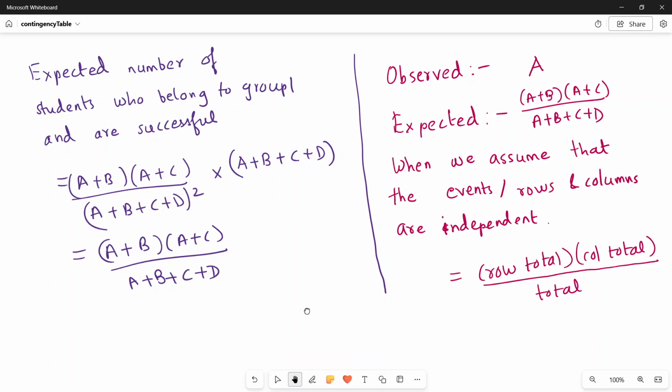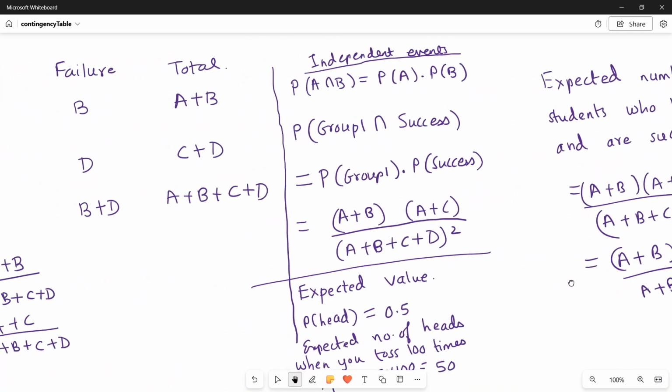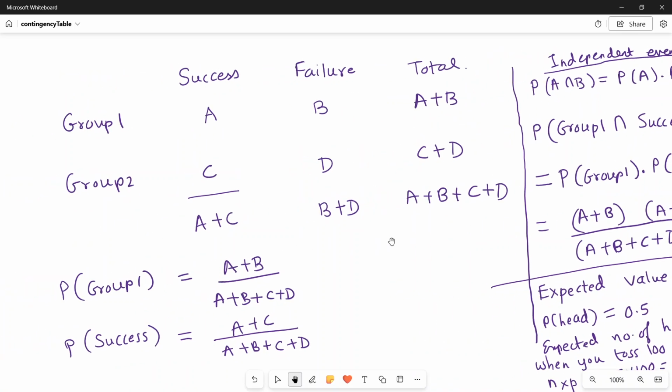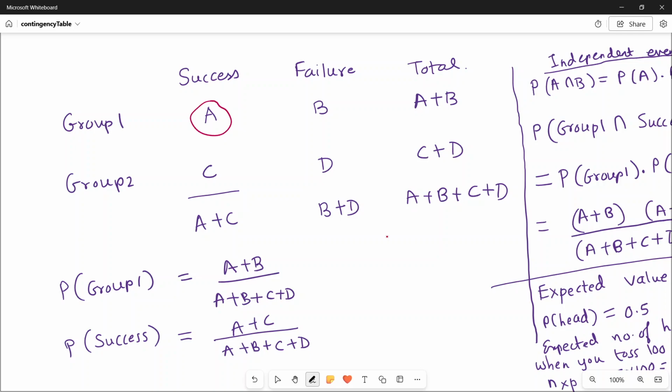When we are talking about this particular cell, the row total is A plus B and the column total is A plus C. So A plus B multiplied by A plus C, divided by the grand total, A plus B plus C plus D. That is how you calculate the expected value given the assumption that the events of the row and events of the column are independent of each other.